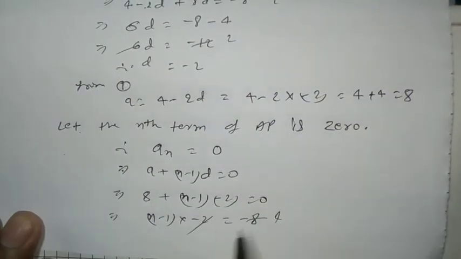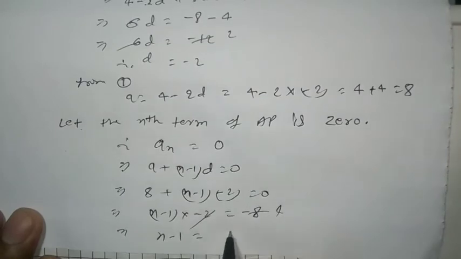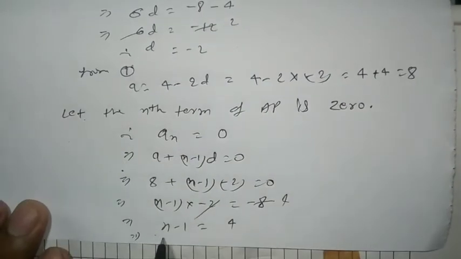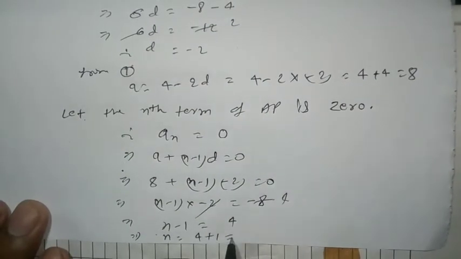Minus minus cancel, implies n minus 1 is equal to 4, implies n is equal to 4 plus 1 is equal to 5.